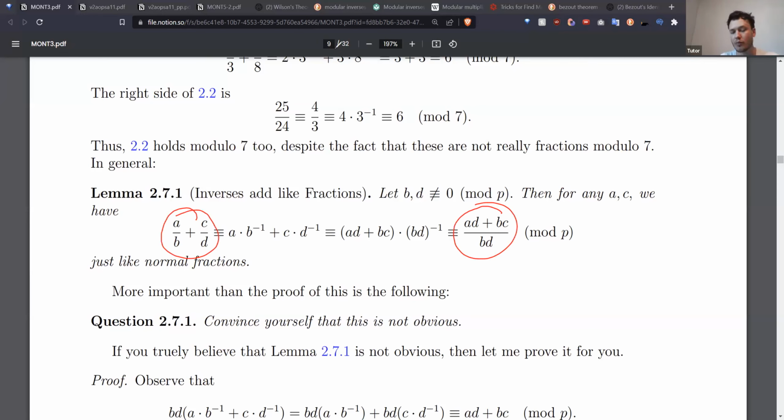Let's look at this property. If I had A over B plus C over D, what is this? This is going to be congruent with A times B inverse plus C times D inverse, right?